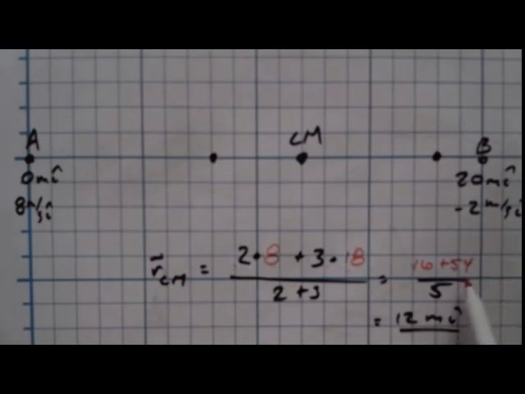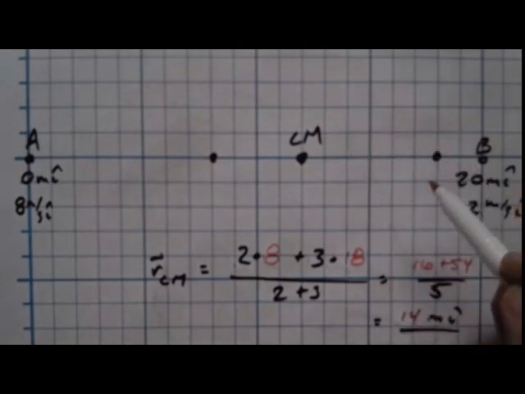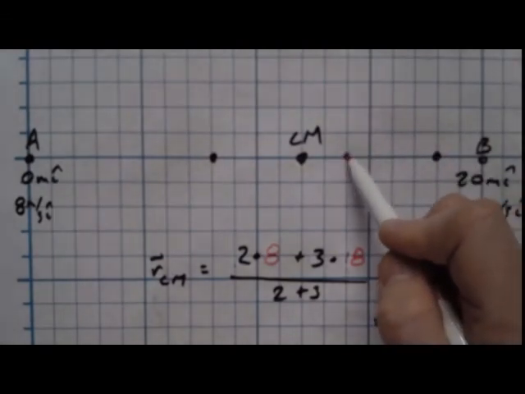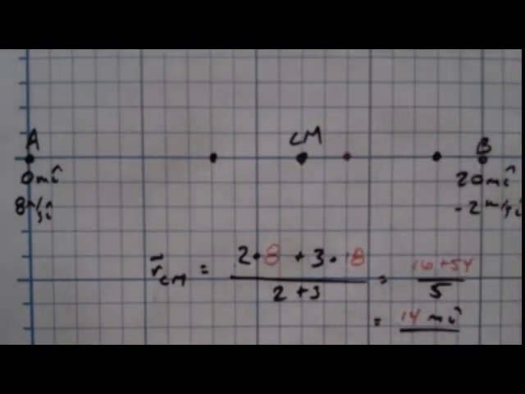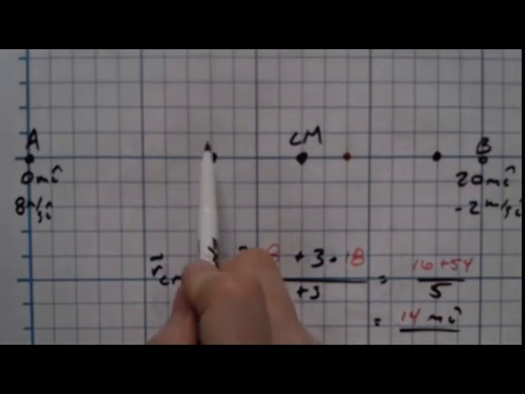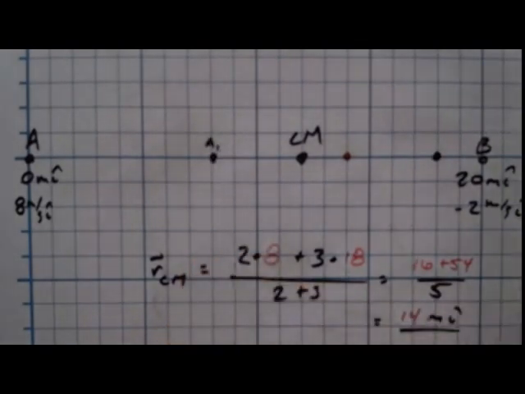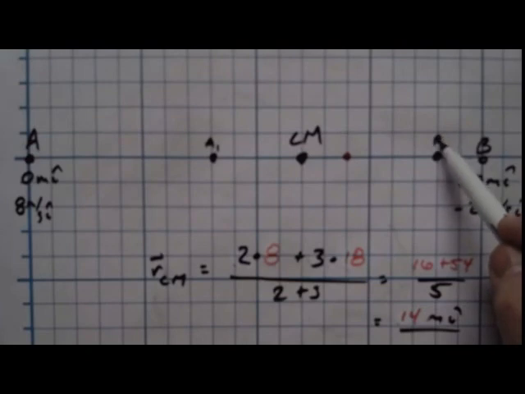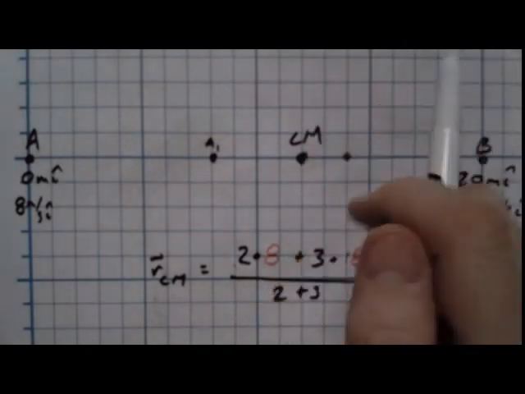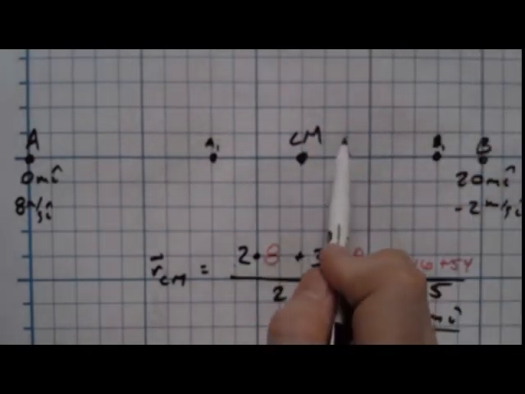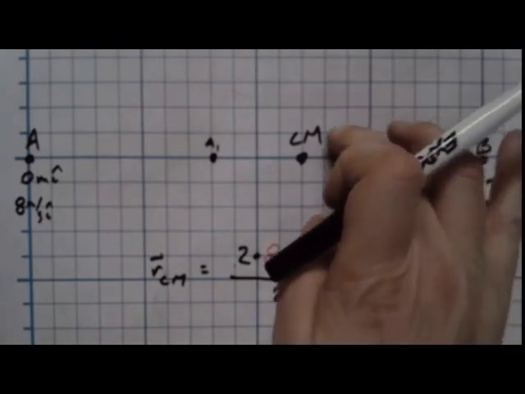That's 70. 70 divided by 5 isn't 12, it's 14. So that means the center of mass moves by about 2 meters to the right. So let me label this. Hopefully it won't get too busy. A1, B1, and CM1. Actually, I'll put that in red.